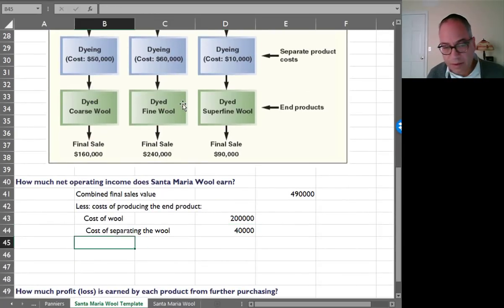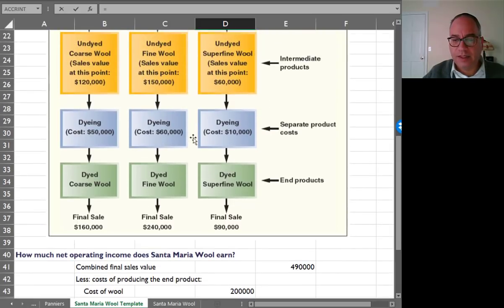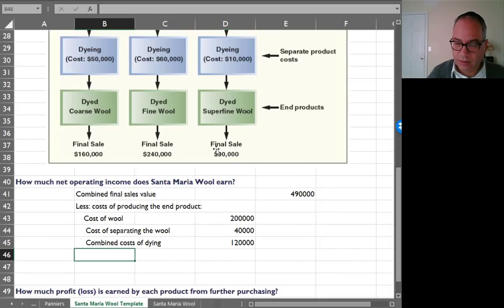And then we also have the combined cost of dyeing. And that would be 50 plus 60 plus 10, or 120,000. So those are all the costs that they incur.